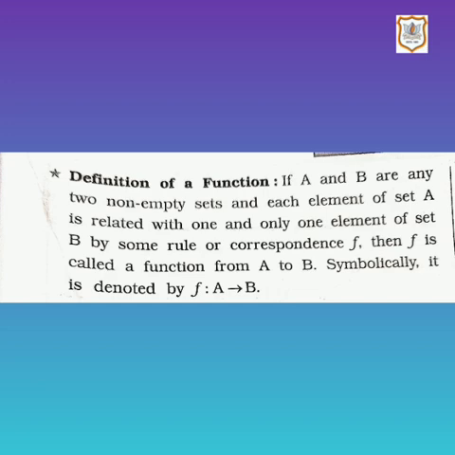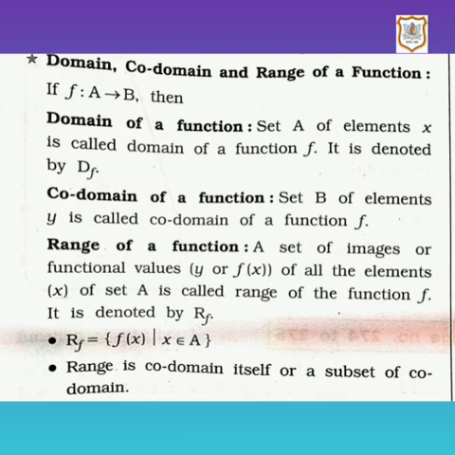Now set A will be called the domain and set B will be called the codomain. So let's understand what is domain and what is codomain. Now let's read what is the domain, codomain and range of a function. If f is a function from A to B, then the set A of elements x is called the domain of the function f.